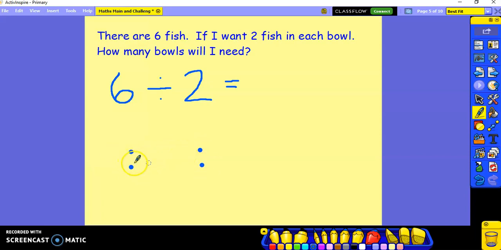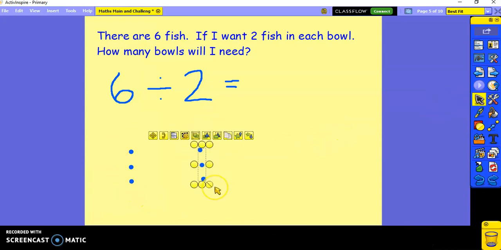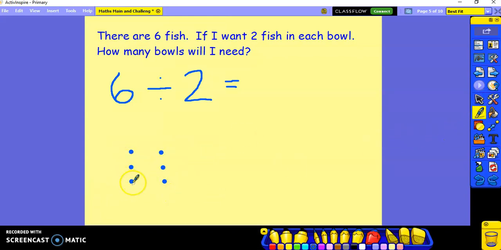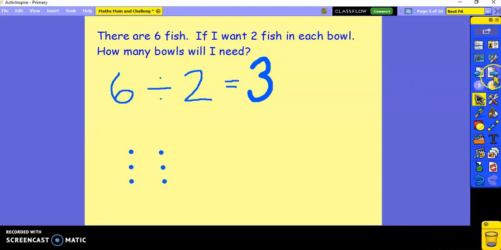So we've done 1, 2, 3, 4, 5, 6, and we've shared them into 2 equal groups. And actually, if we look at that a little bit more closely, it does almost look a bit like an array that we've been doing this week. And how many would each person get? 3 here and 3 here. So we could do it that way. But that's not how we're going to be doing it today.